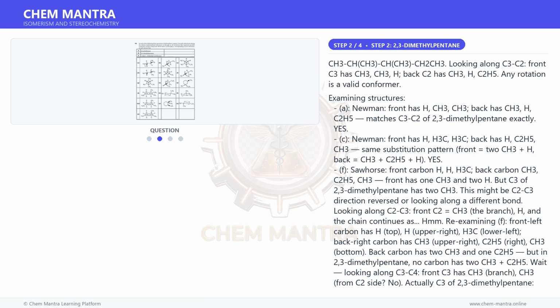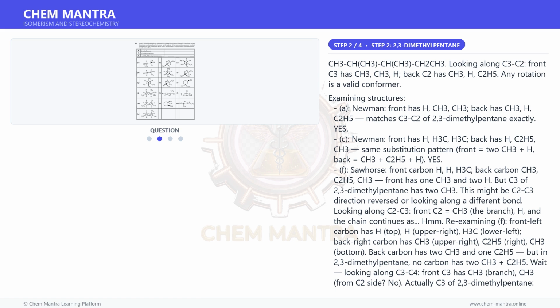For F, the front has H, H, CH3 and the back has CH3, C2H5, CH3. The back having CH3 and C2H5, could this be C3 on the back? C3 has a C2 connection, shown as C2H5 going back through C2, C1, CH3 branch, H, and the C4 connection.